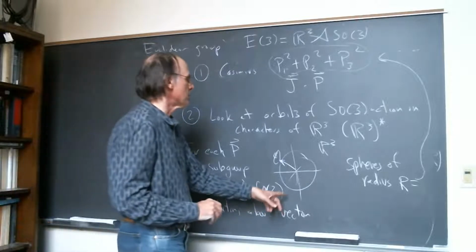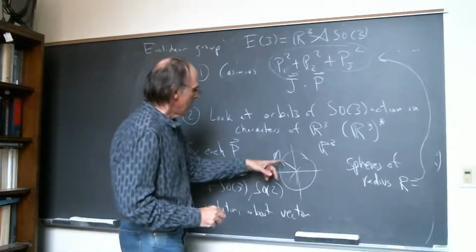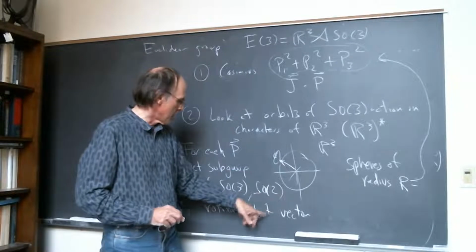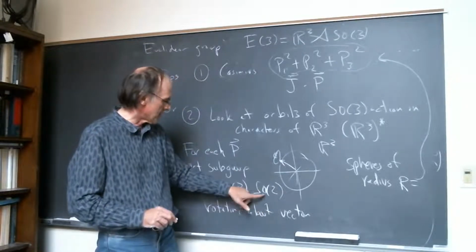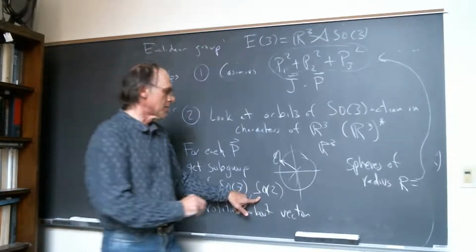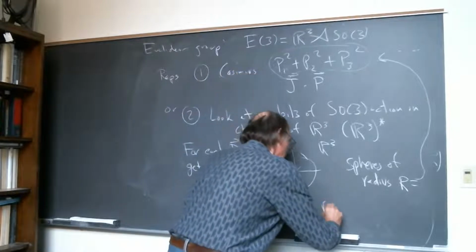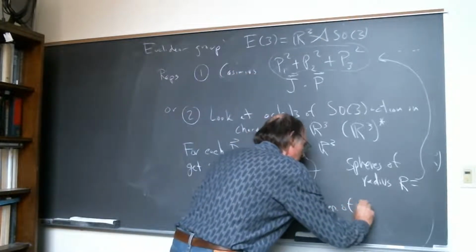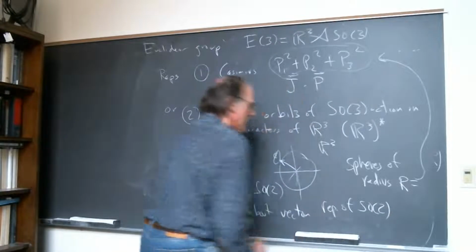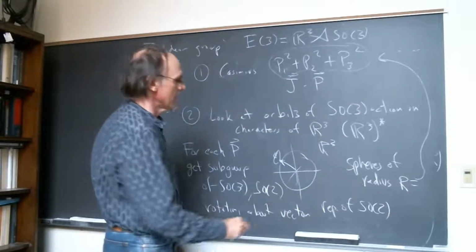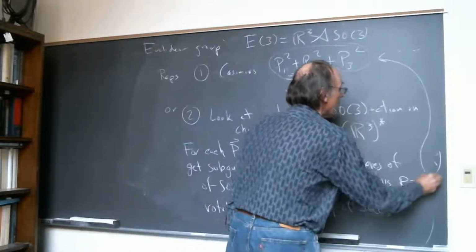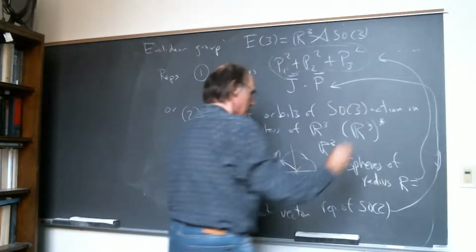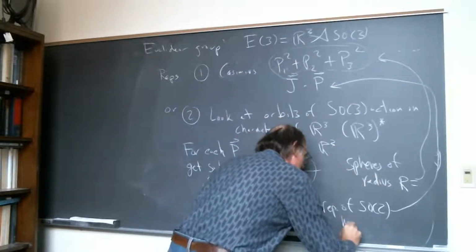Okay, and so then the representations are characterized, it turns out, by how this SO2 acts. The representation of SO2, infinitesimally, is given by this guy, and this is called the helicity.